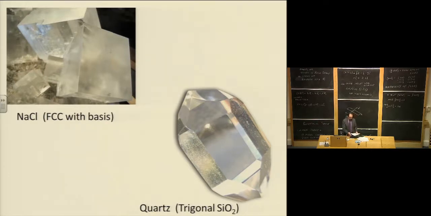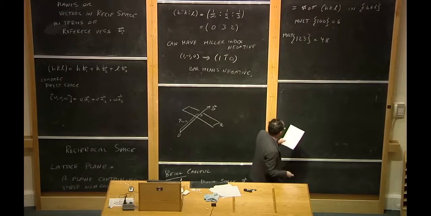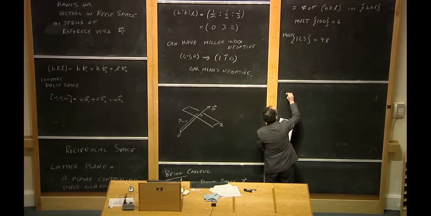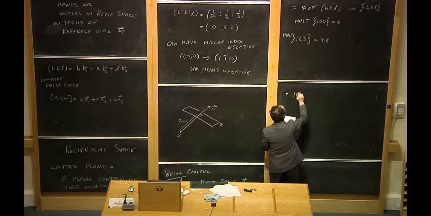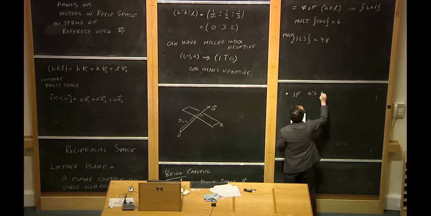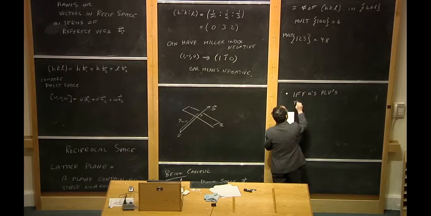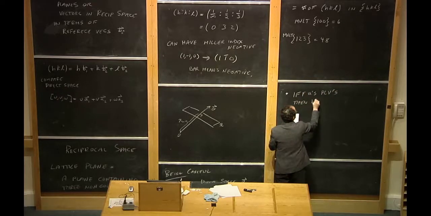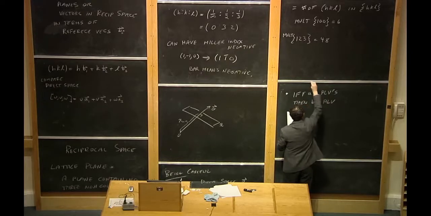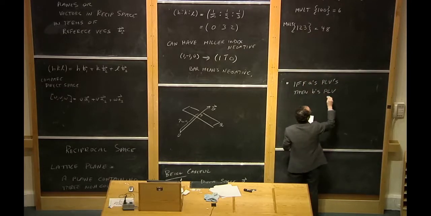Okay, so I'm going to emphasize this one fact one more time because it shows up on exams so frequently. So this is an important fact. If and only if the A's are PLVs, then the B's are PLVs, maybe reciprocal PLVs. I think I've written this down 3 times today.